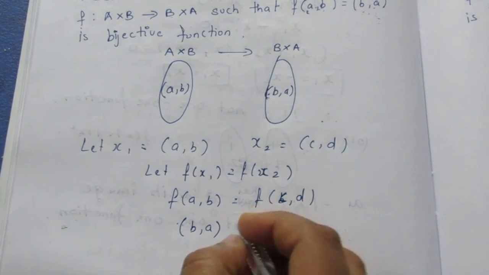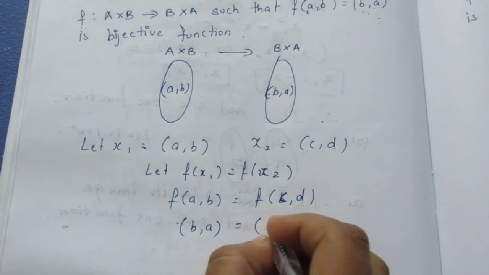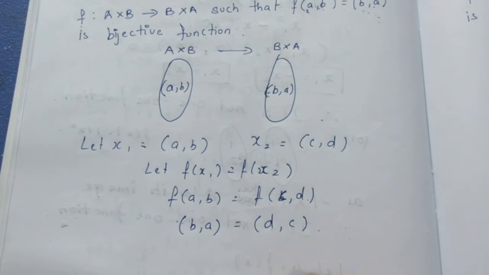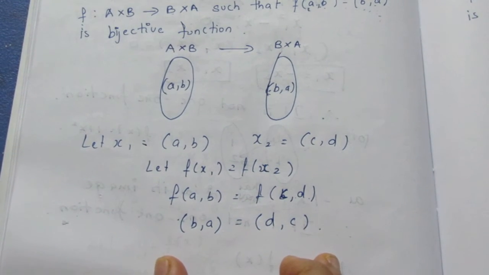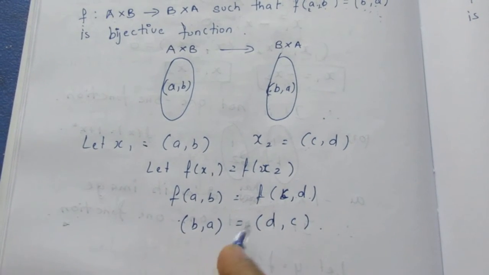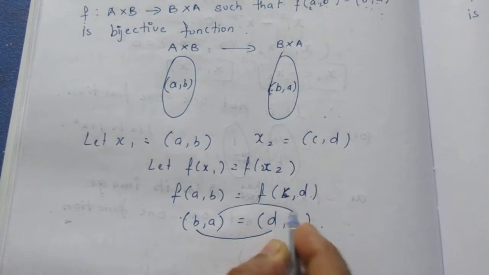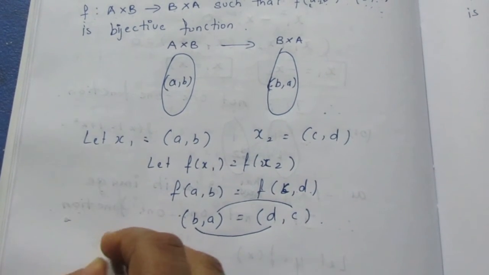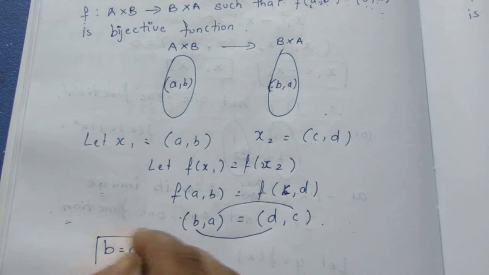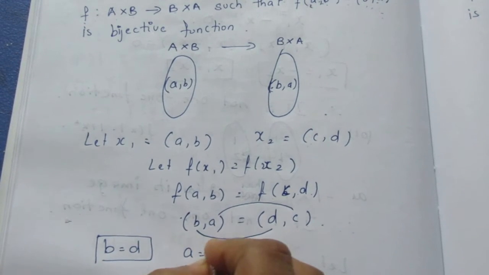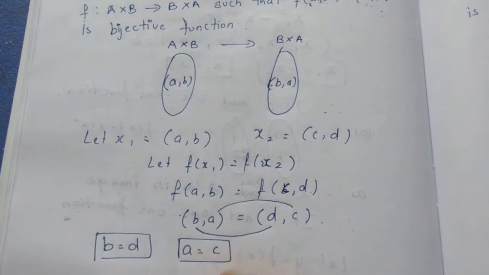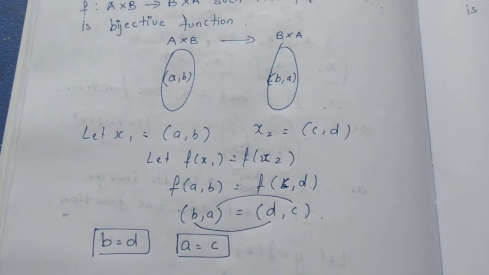Same way f of (c, d) will become (d, c). So both are in brackets and equal. From this we know that the first one will be equal to the first one, the second one equal to the second one. So b is equal to d here, same way a equal to c.